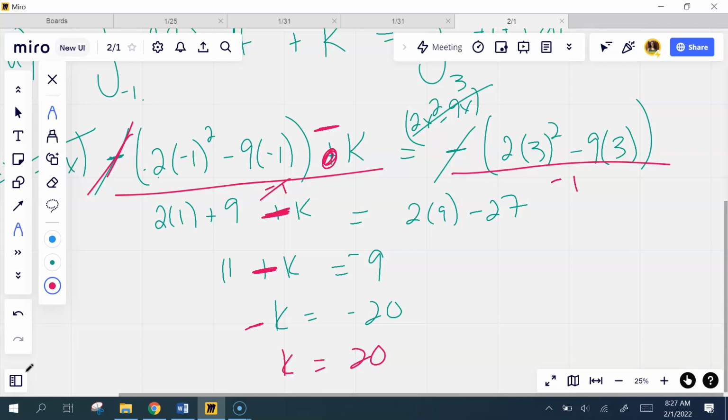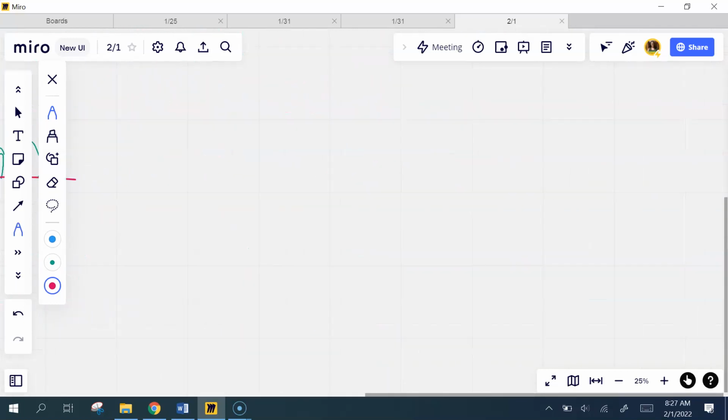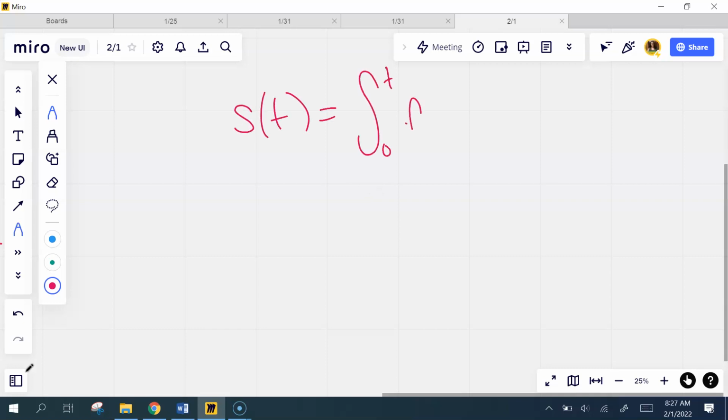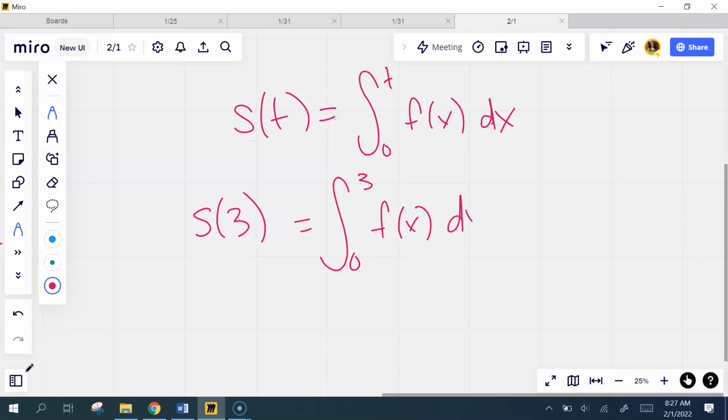4b. What's the particle's position at t equals 3? It says that position at any time is equal to the integral from 0 to t of f of x dx. So if I want to know the particle's position at 3, I want to know s of 3, which is the integral from 0 to 3 of f of x dx. So look at your graph there, and from 0 to 3, it looks like a trapezoid.